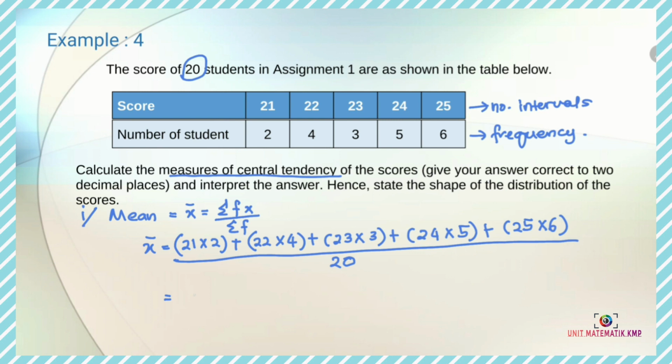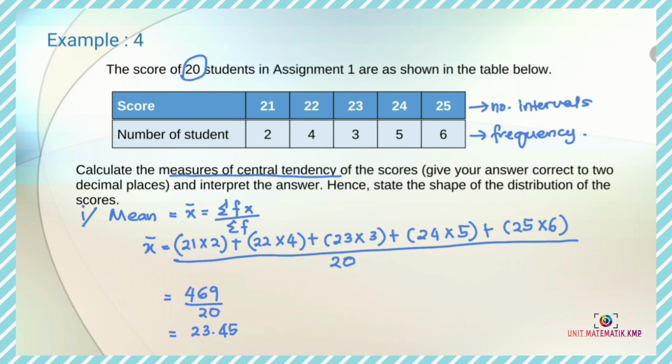And the total we get 469 over 20, and we have the answer correct to 2 decimal places is 23.45.